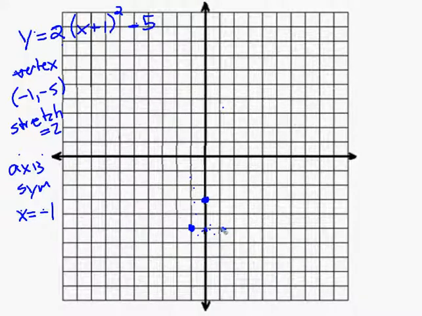But I'm going to stretch it by 2. So instead of going up 4, I'm going to go up 8. So 1, 2, 3, 4, 5, I lost count, 1, 2, 3, 4, 5, 6, 7.